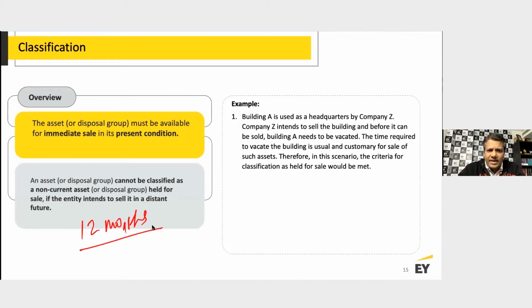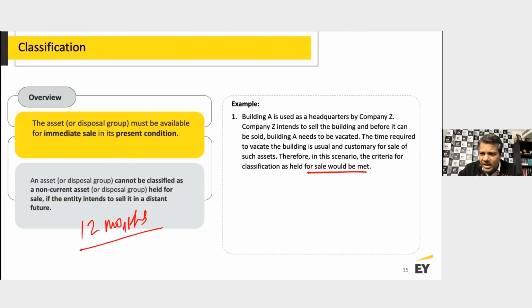Building A is used as headquarters by company Z, and company Z intends to sell the building, and before it can be sold, building A needs to be vacated. Which is reasonable. The time required to vacate the building is usual and customary for the sale of such assets. Therefore, in this scenario, the criteria for classification as held for sale would be met, because I'm the current occupier, but now I intend to sell it.